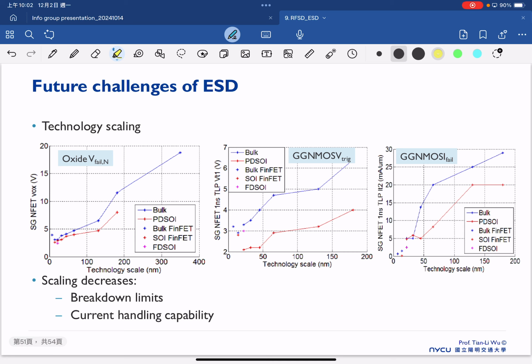Now we look at what the challenge would be as we move on to the advanced node. We have been talking about how the advanced node brings us lots of reliability challenges. In terms of BTI, because our gate oxide is getting thinner, we have to use a high-K metal gate.